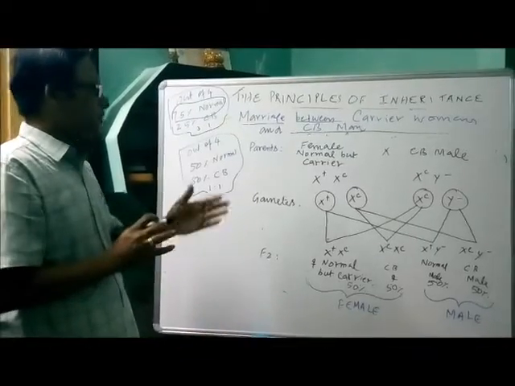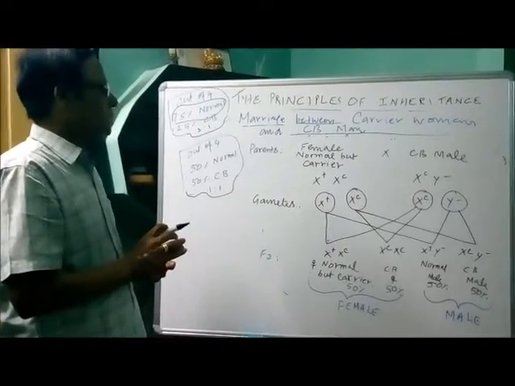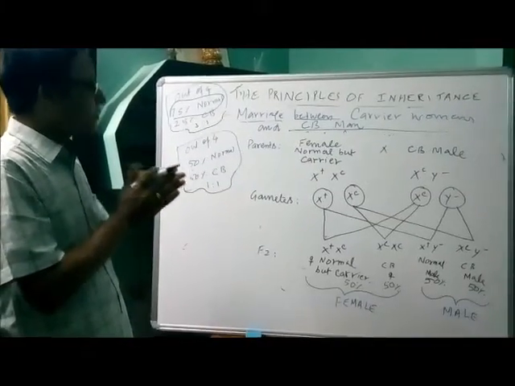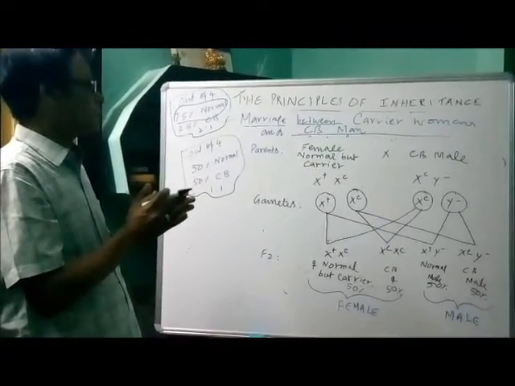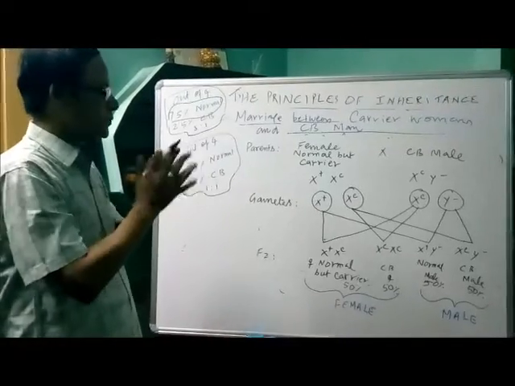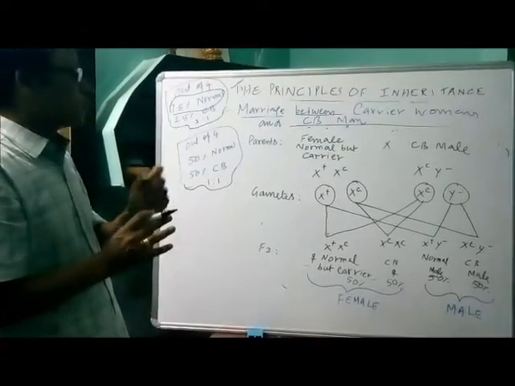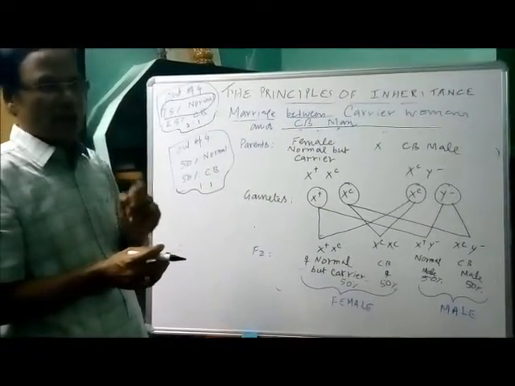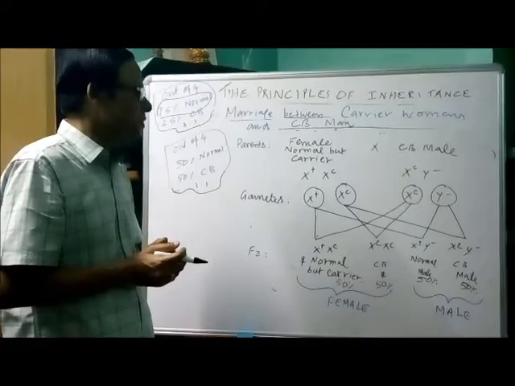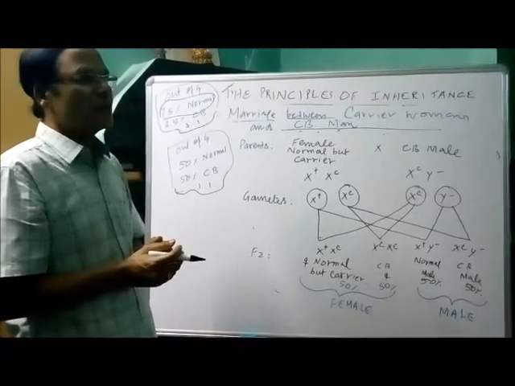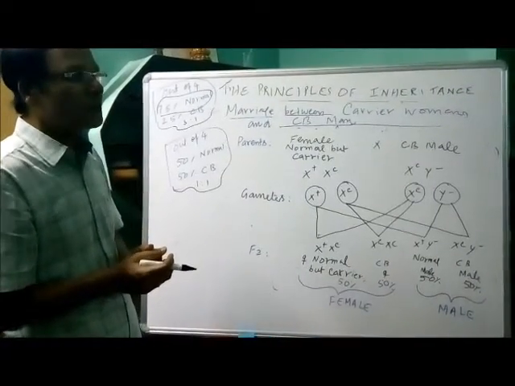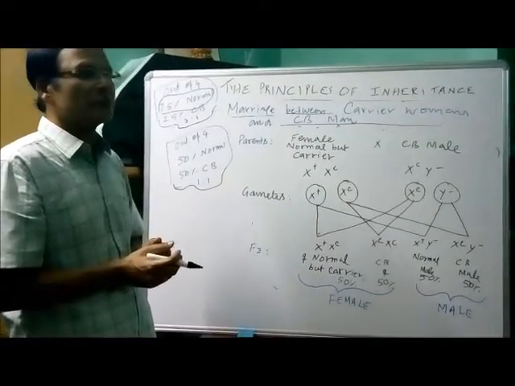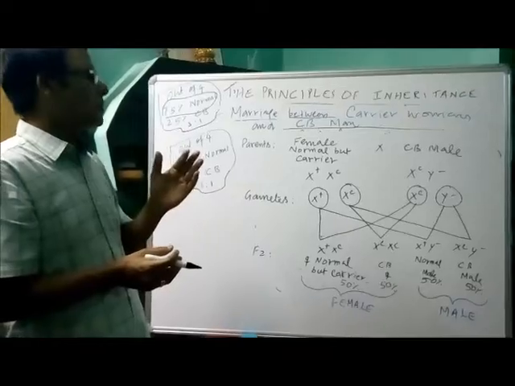Okay, so based on this, I would like to summarize in the form of a table of column how far the characters are transmitted. Now I want to tell you one piece of information.